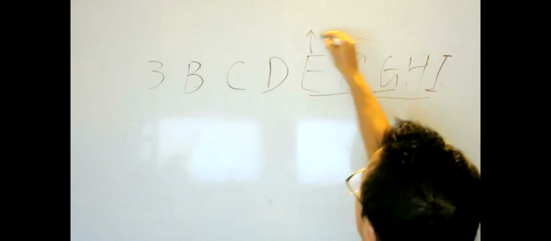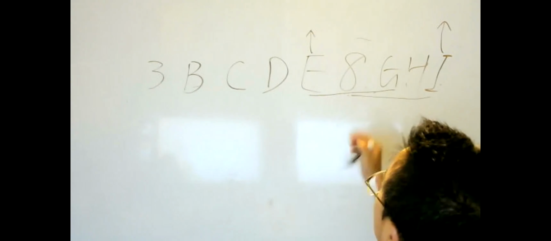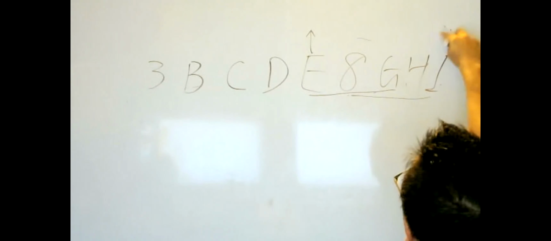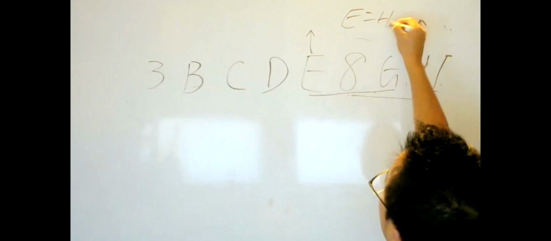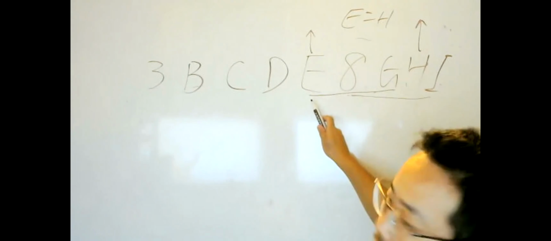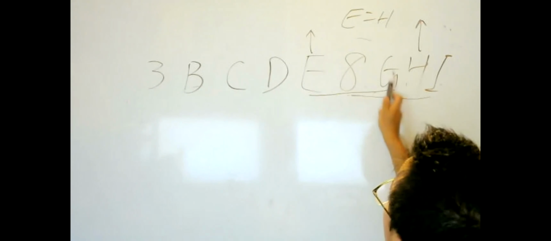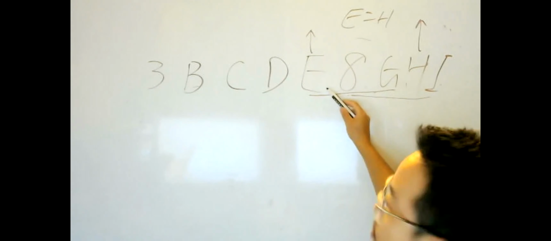So E and H must be equal. Everybody follow this? Every 3 adjacent are equal, and they share the 2. So H and E must be equal, right?